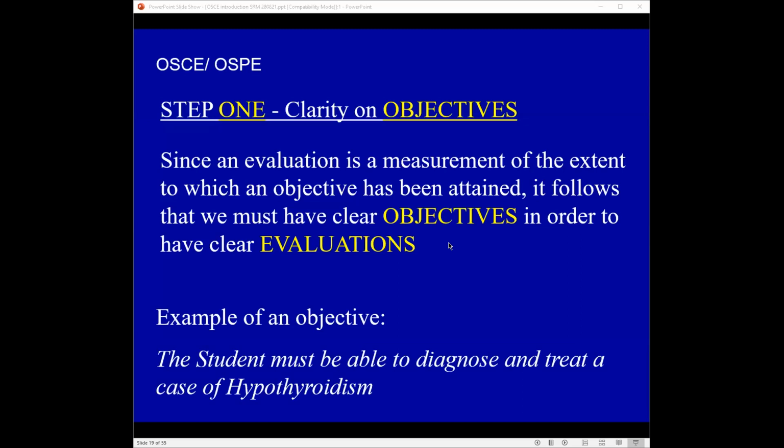So now, having clarified our objectives, and this is just one of probably numerous objectives that we have for our medical students or nursing students, I'm just taking this one example and saying that, okay, this seems to be a fairly clear objective. At the end of this course or this module, the student must be able to diagnose and treat a case of hypothyroidism.